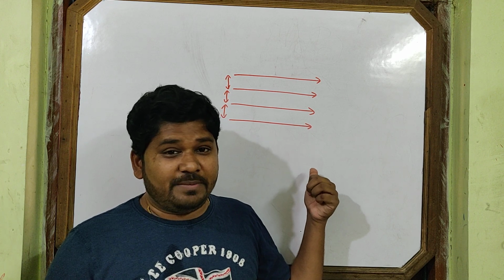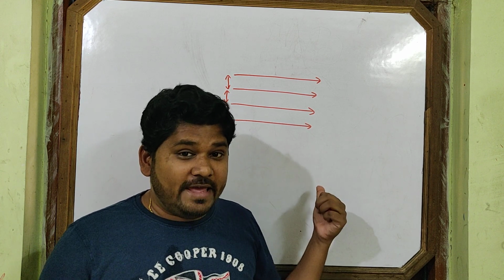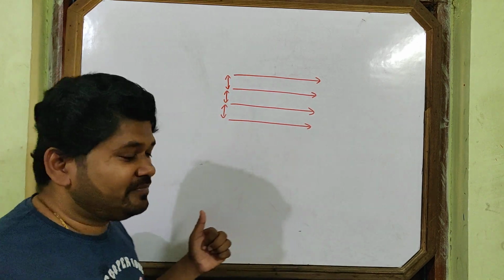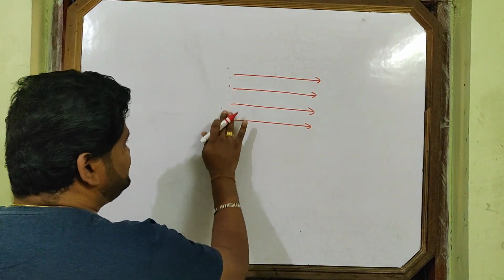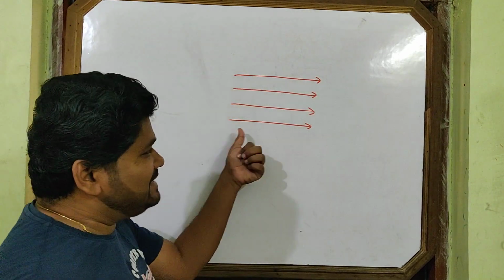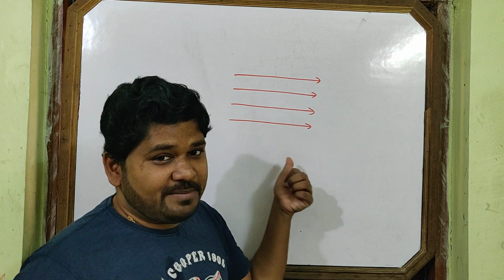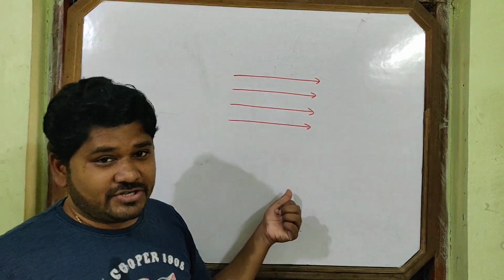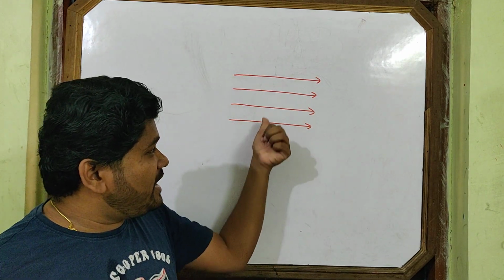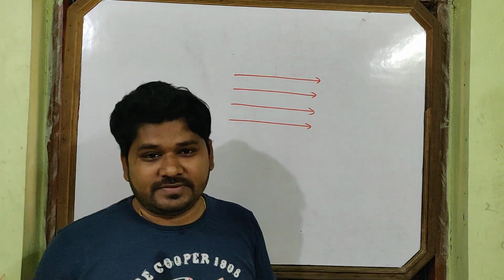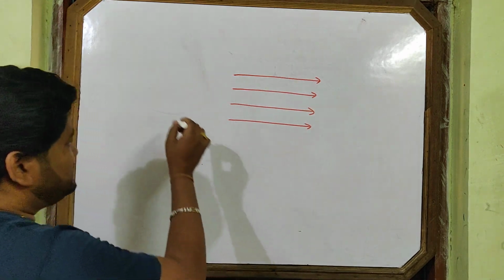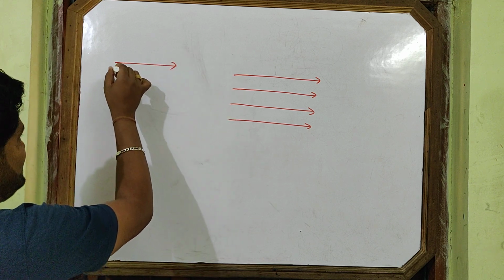The question now may come to your brain, why equidistant parallel lines? Just before I told you, electric field intensity is same, means same in both magnitude as well as direction. So why have I taken equidistant? It cannot be like this. Can it be like this?